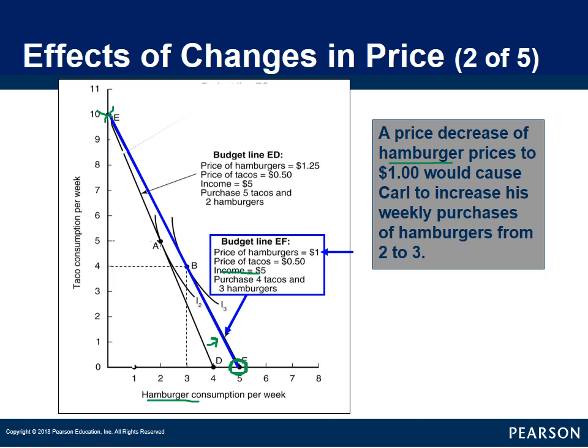But what this does is it moves us over on some indifference curves, and because hamburgers got cheaper, we are able to become more satisfied at a different point on a higher indifference curve. So you can see that now we're meeting at point B, which is a higher satisfaction than point A, which makes sense. We would, as consumers, be more satisfied if we were able to purchase more hamburgers for a lower price. So that makes sense.